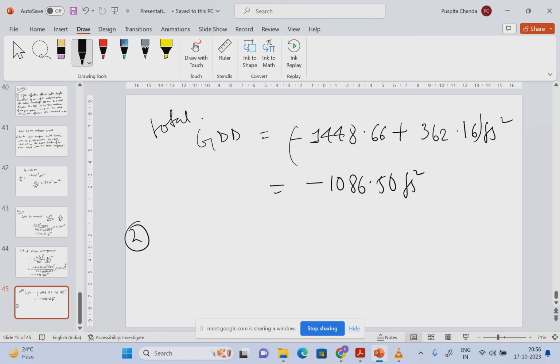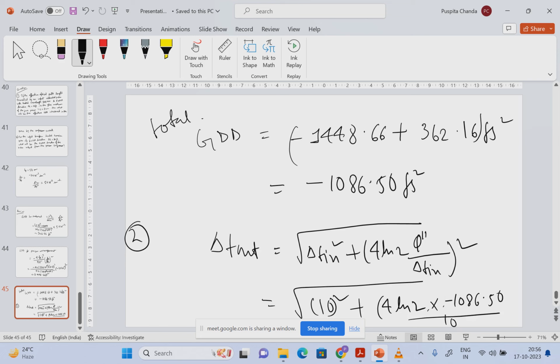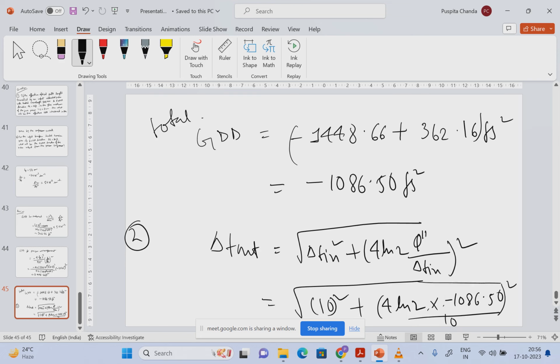What will be the T out? T out square by 4 ln 2 equals delta T in whole square plus, putting all these values, 10 whole square plus 4 ln 2 into minus 1086 into 50 by 10 whole square.